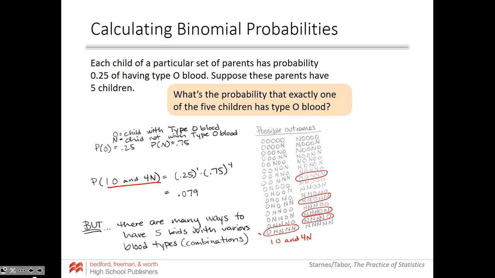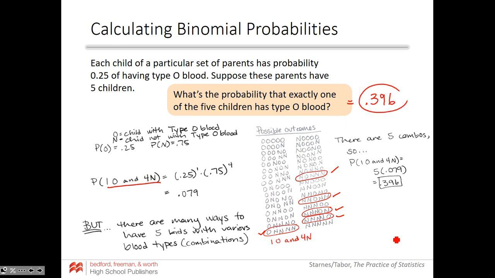I have 1, 2, 3, 4, 5 different ways of having this combination of 1 type O blood kid and 4 not. So I have to take this probability that I already came up with, this 0.079, and multiply it by 5. So really, my answer to this question, what's the probability that exactly one of the 5 children has type O blood? That probability is 0.396.